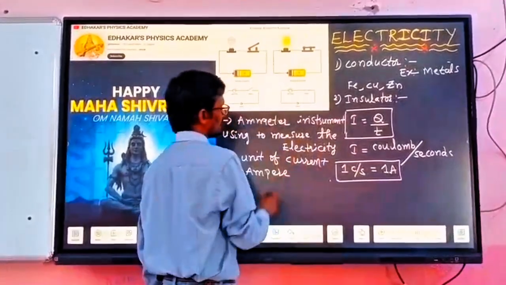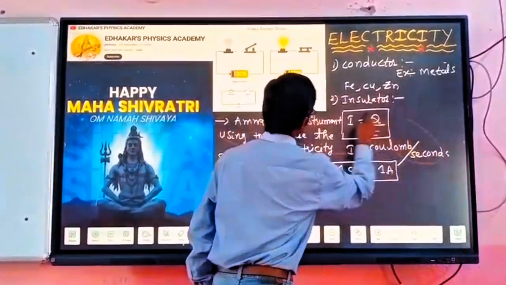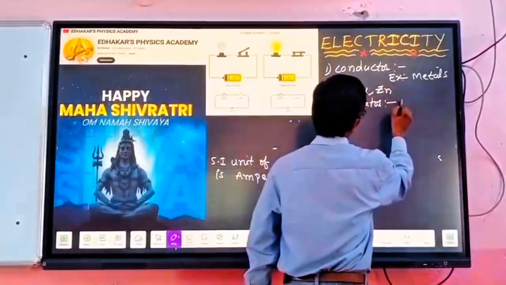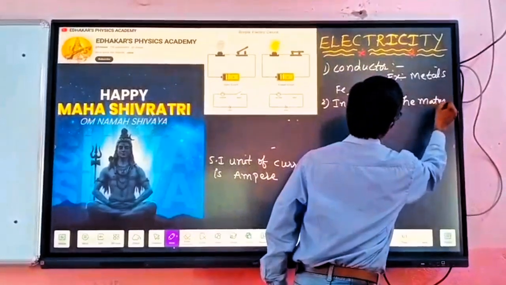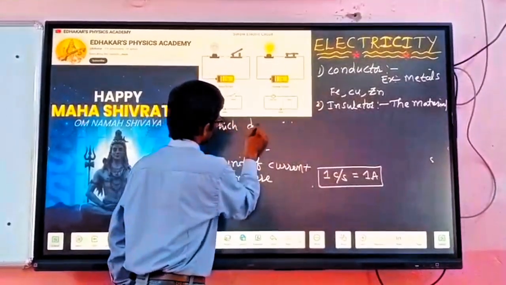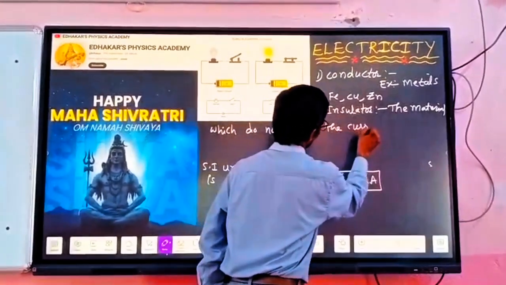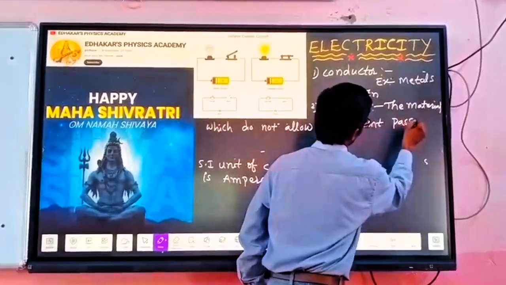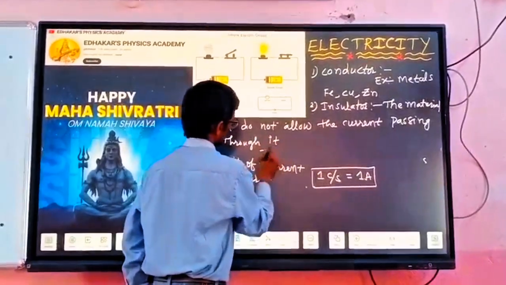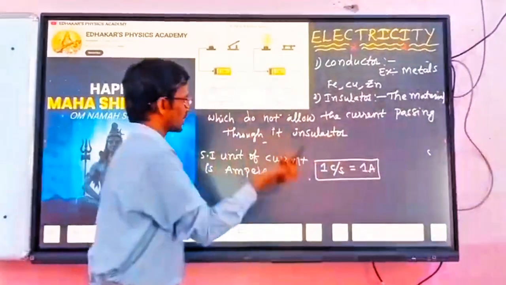So the material which does not allow the current passing through it, that is an insulator.